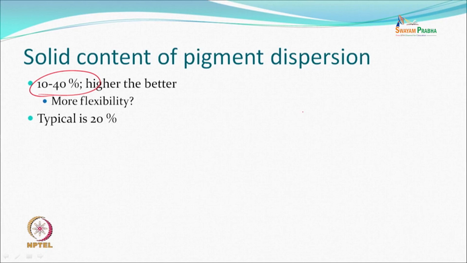The higher the solid content, the better for transport, and this dispersion finally is going to be mixed with solvents, co-solvents, surfactants, viscosity modifiers. It gives you more flexibility because the concentration is going to be only diluted. Typically you may get dispersions with solid content of about 20% or so.